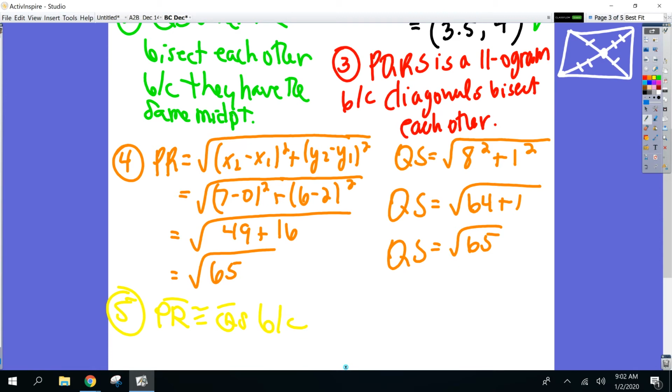Same distances are equal, however you want to word that. And then you got your conclusion. Showed it was a parallelogram. It's got congruent diagonals. That makes it a rectangle. PQRS is now a what? Rectangle.